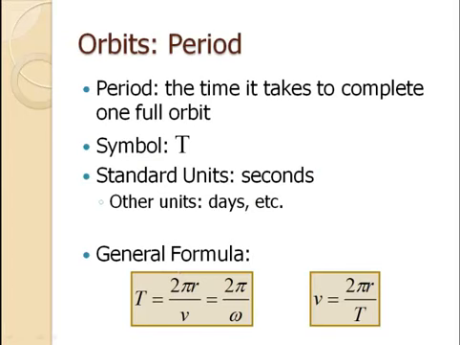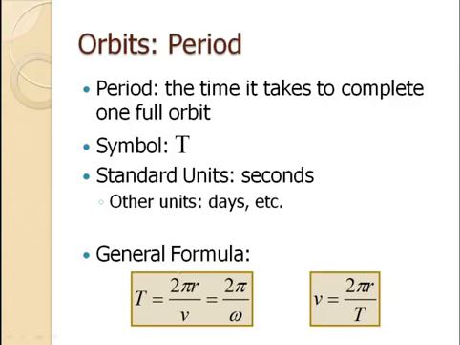Now, when you're discussing orbits, specifically orbits of satellites, it's very common to talk about the period. The period is the time that it takes to complete one full orbit. And the symbol we usually use for that is a T, specifically a capital T, to distinguish it from a lowercase t, which just means any amount of time.